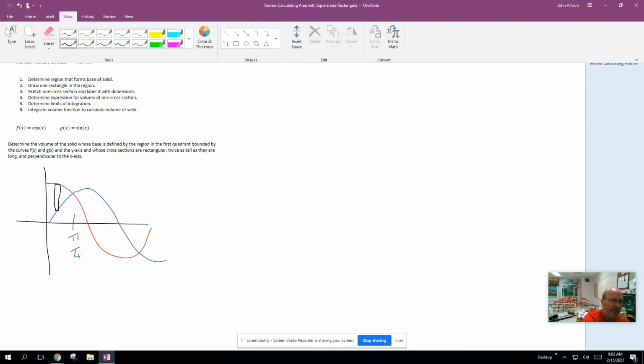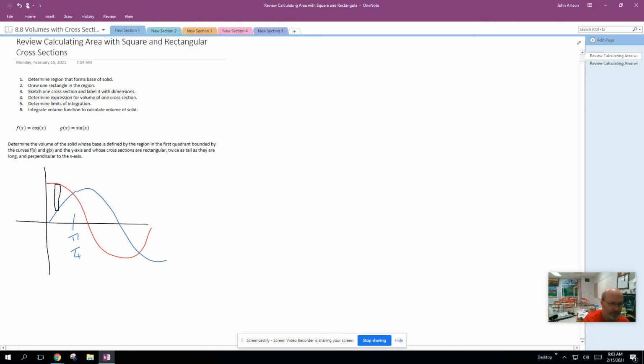So now I'm going to draw one cross section outside. I'm going to take that rectangle. Its width is dx. Its length is f of x minus g of x. And recall it's twice as tall as it is long.